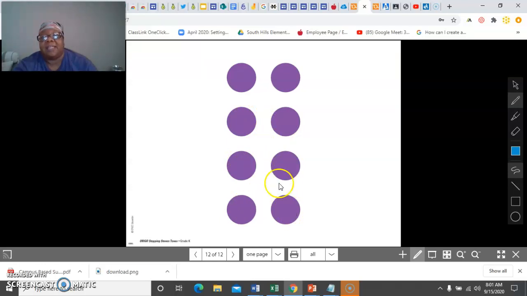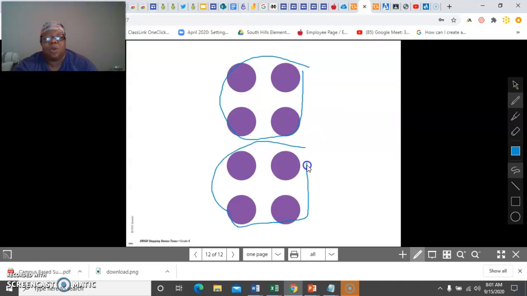So we have 8. So we have 4 plus 4 equals 8. And then I can see the groups. I can see a group of 4. And then I can see a group of 4. So we have 4 plus 4. What does that kind of make you think about what that could be?